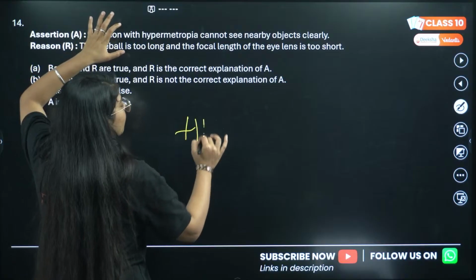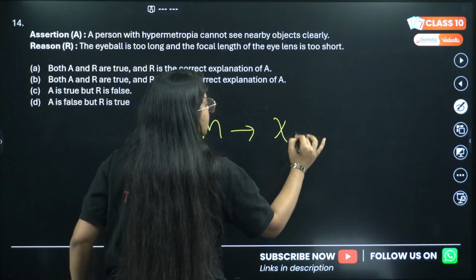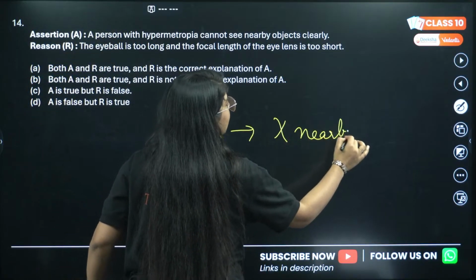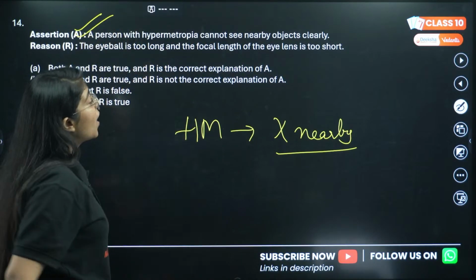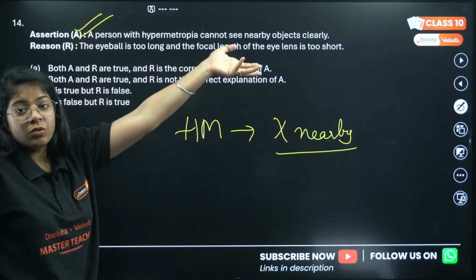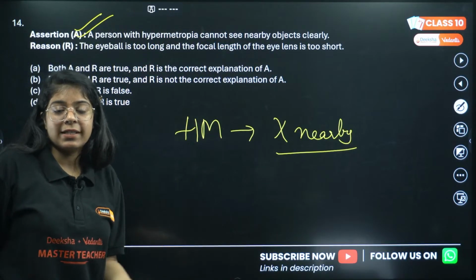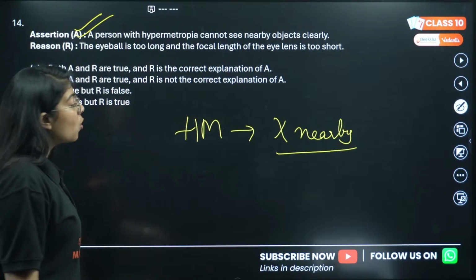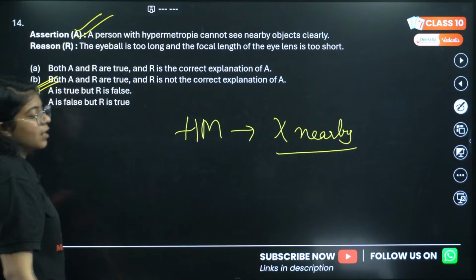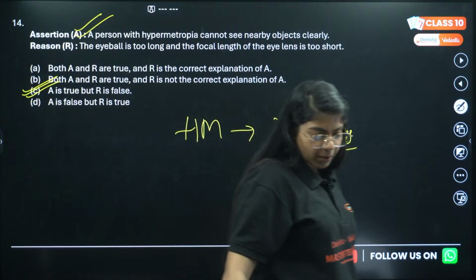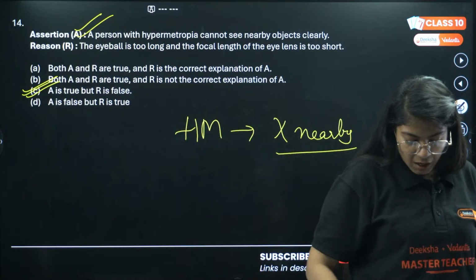In hypermetropia, a person cannot see nearby objects clearly. Correct? So the assertion is true, but the reason is not true and is definitely not the correct explanation of A. So A is true, but R is false is the correct answer for this particular question.